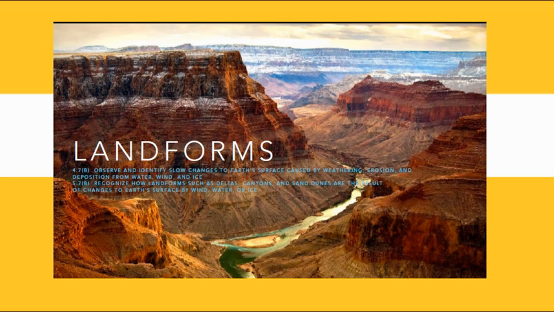And this week we're going to be looking at how weathering, erosion, and deposition utilize water, wind, and ice to create landforms. And those landforms are deltas, canyons, and sand dunes, and how water, wind, and ice can change the surface of the Earth. So hopefully some of those words are familiar to you, and then the rest we're going to talk about.